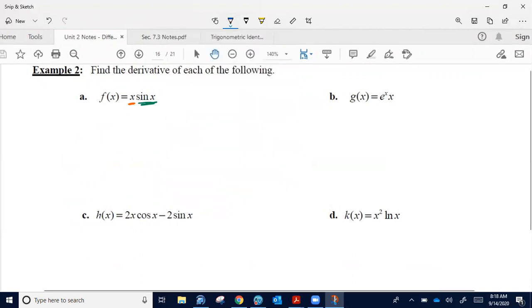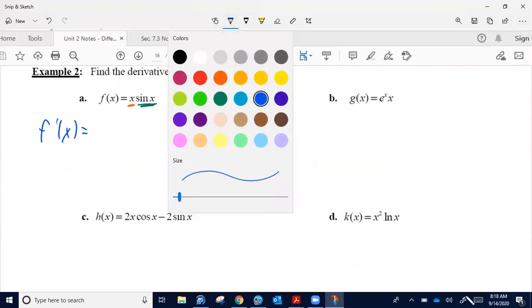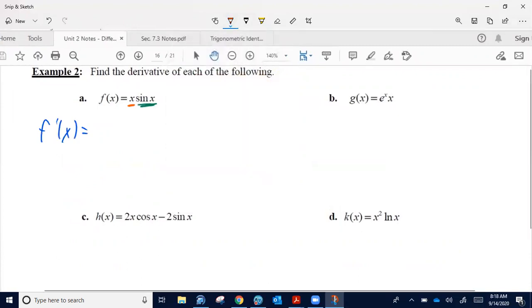Again, that's going to be f prime of x is the derivative of the first part. The derivative of x is a 1. Multiply that by the second part, unchanged, which is sine. And then always add the derivative of the second part.